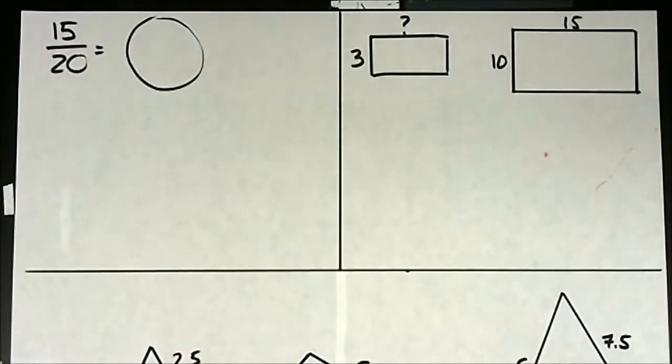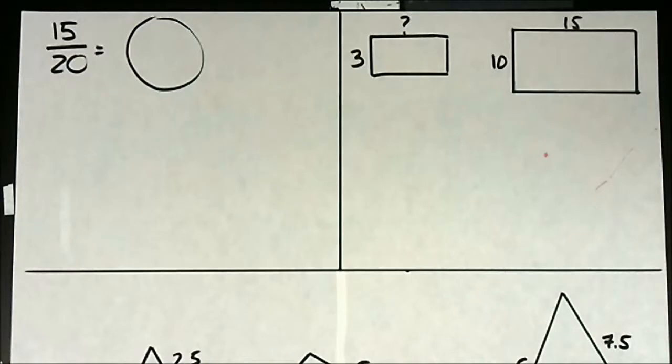Next one's really easy. You're given a proportion, but the second part of the ratio is missing. And they're asking you, what can you place right there that would make that work? Well, literally, you can have so many answers here. You can have hundreds of different answers here, and they would all be correct.